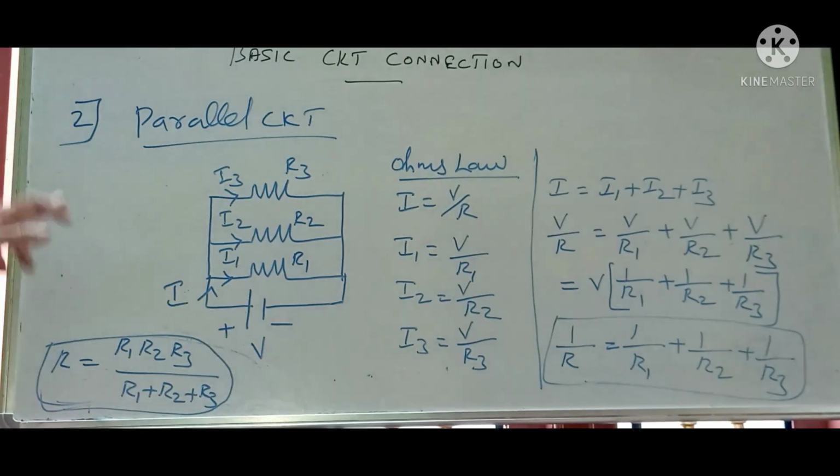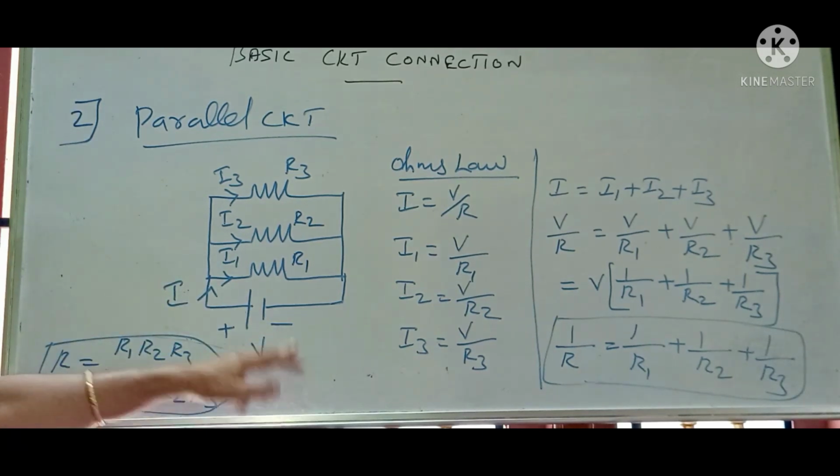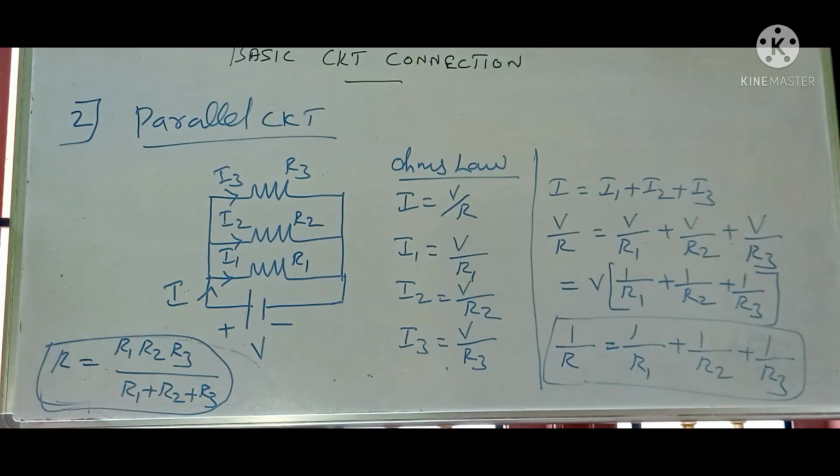So in a parallel form of resistors connected to the voltage, the total resistance R is given by the multiplication of the three resistor values to the sum of the three resistor values. So R equals R1 R2 R3 divided by R1 plus R2 plus R3.